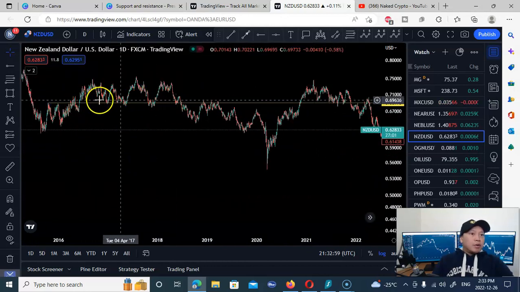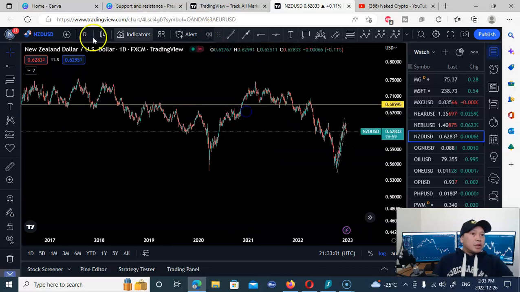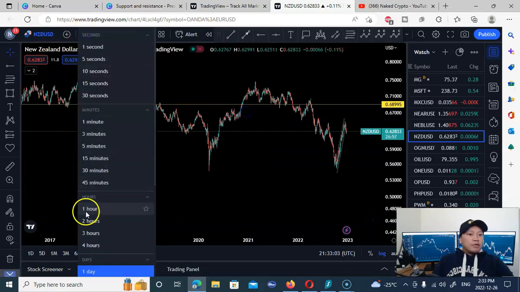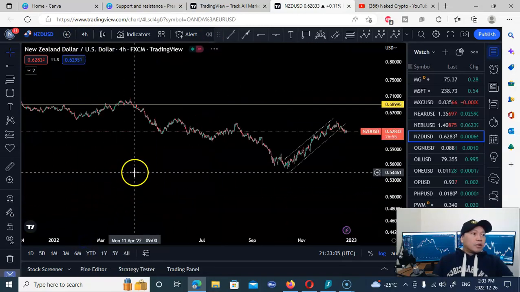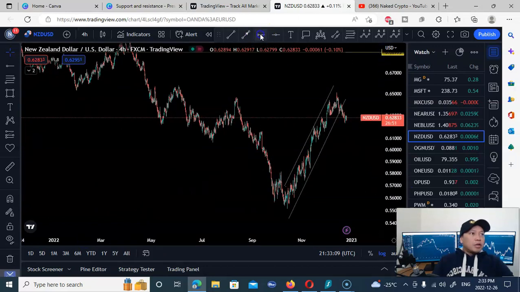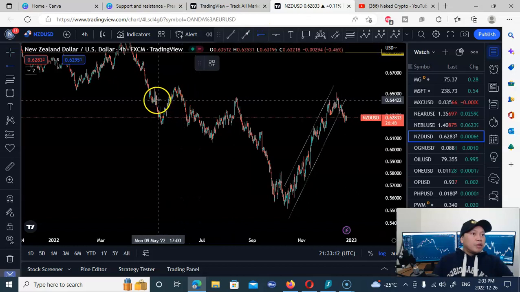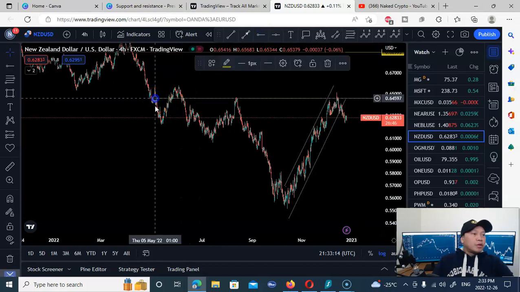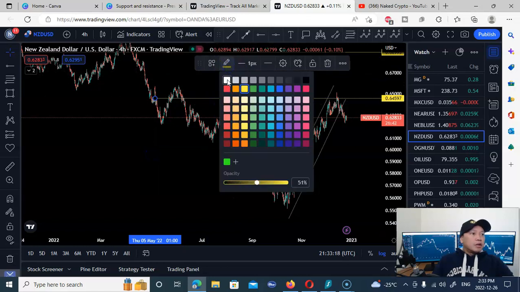This is the area where there are lots of bounces, and if you want to go further, go for let's say 4 hour, then probably this would be one of the areas here, somewhere here. Let's change the color.